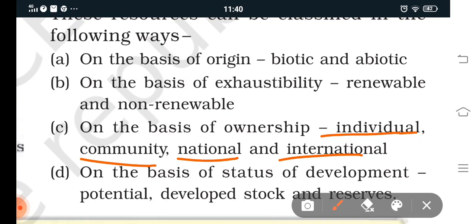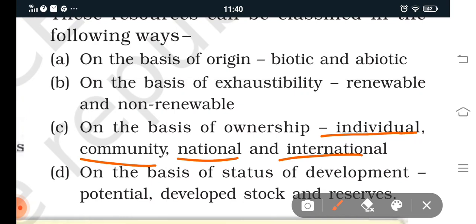For example, the oceanic resources beyond 200 miles of the exclusive economic zone belong to the open ocean, and no individual country owns them.